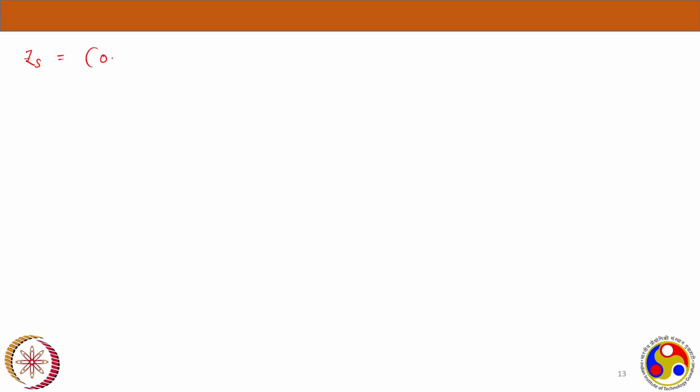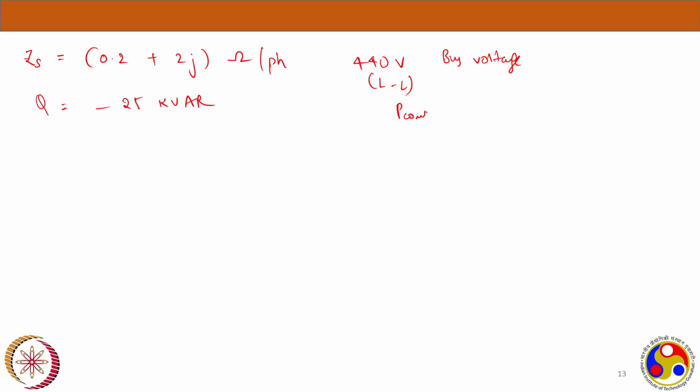ZS is equal to 0.2 plus j2 ohm per phase, bus voltage is 440 volts line to line, Q is given as minus 25 kVAR, and constant losses are also given as 1 kilowatt.